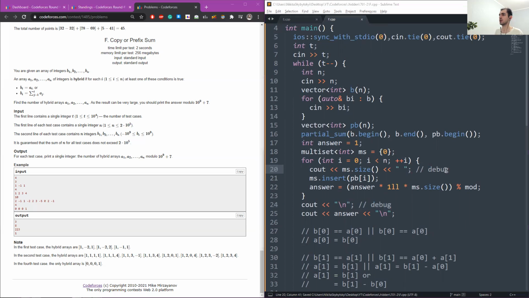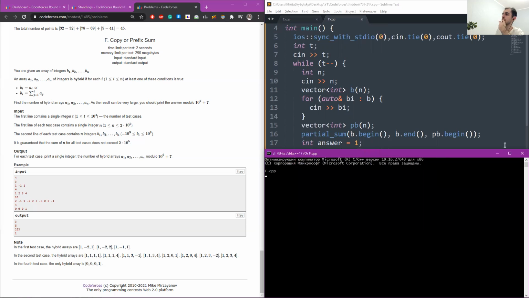Just for me not to forget, so remove them. 1, 2, 3.